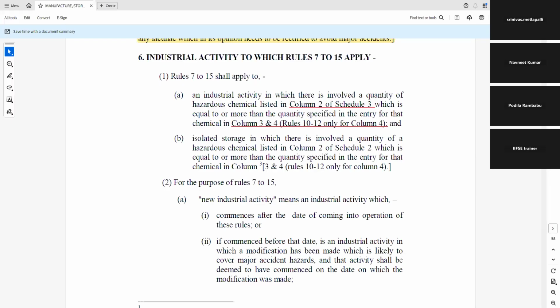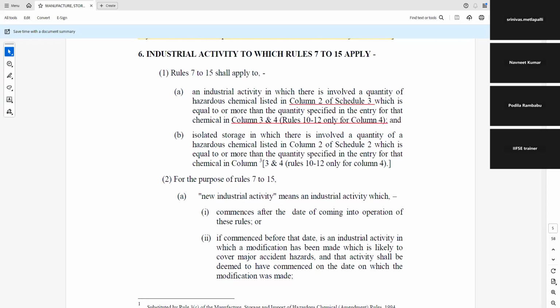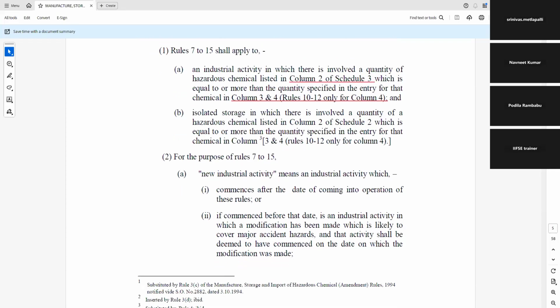In such a case, for column 2 of Schedule 3 and also columns 3 and 4, for column 4 it is rules 10 to 12, a similar kind of application. So rules 7 to 15 are applicable only for column 2 of Schedule 3 and also column 3 and 4. For column 4 only rules 10 to 12 are applicable. So rules 7 to 9 are not applicable for the chemicals listed in column 4.